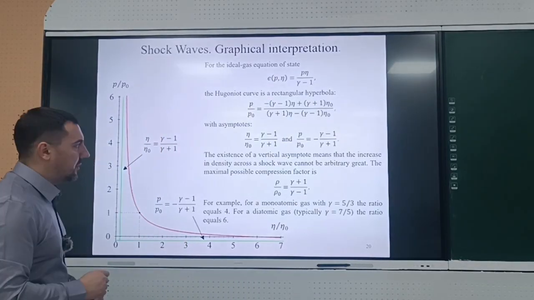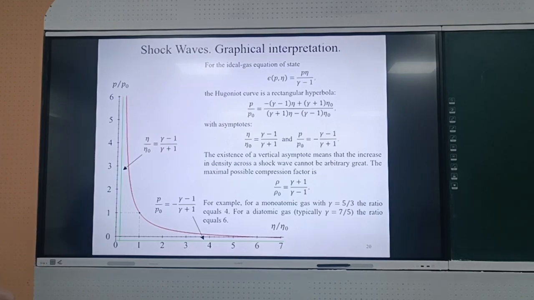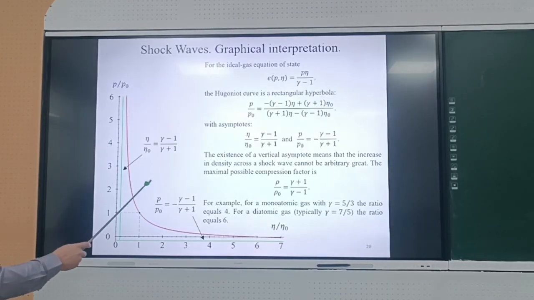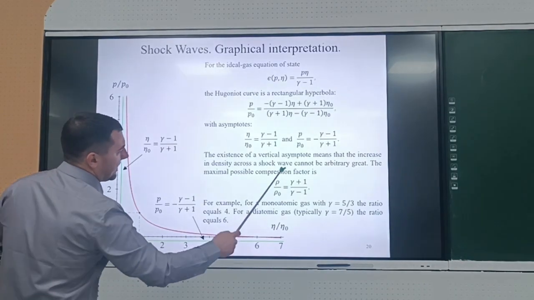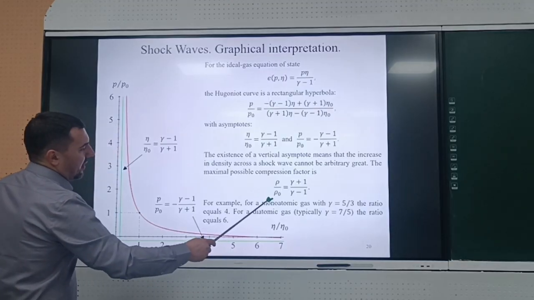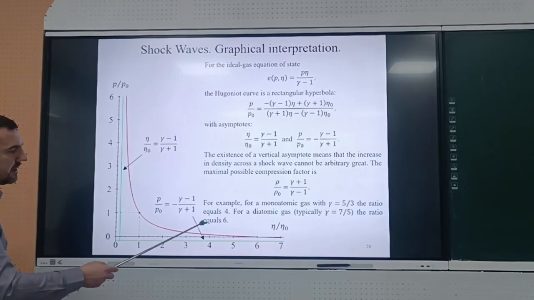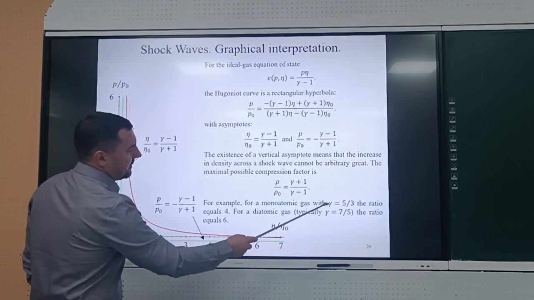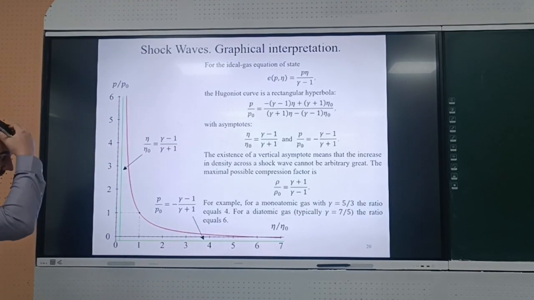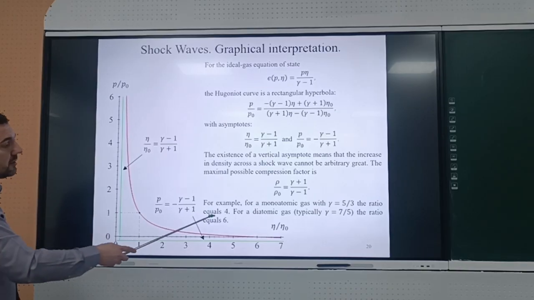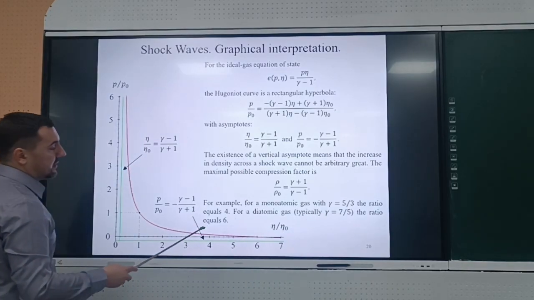But actually, that's true for pressure, but not for density. The maximum possible compression factor is rho over rho 0 equals gamma plus 1 over gamma minus 1. For example, if we consider monatomic gas with a specific heat ratio of 5 over 3, the ratio equals 4. For diatomic gas, the ratio equals 6.